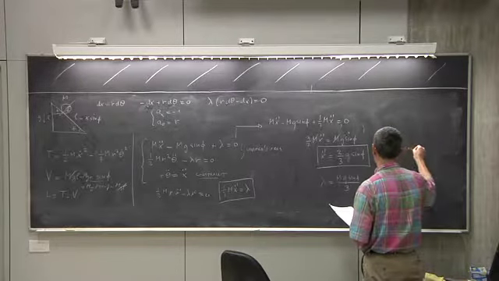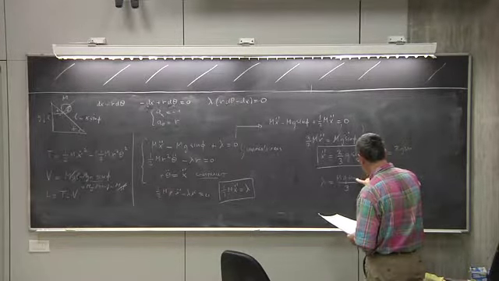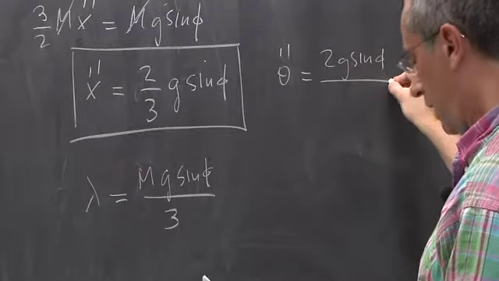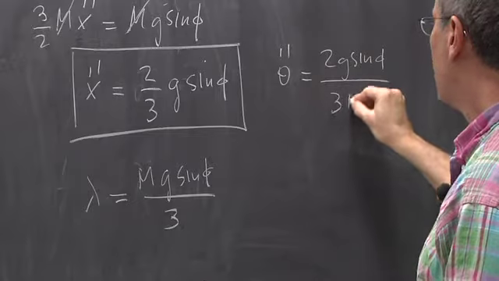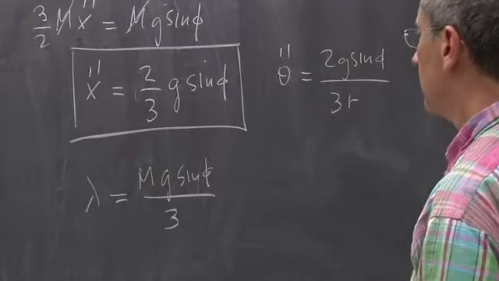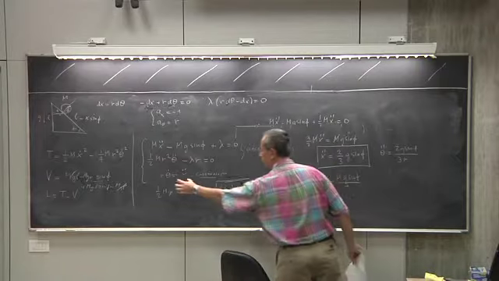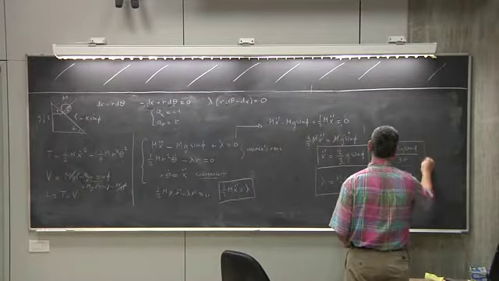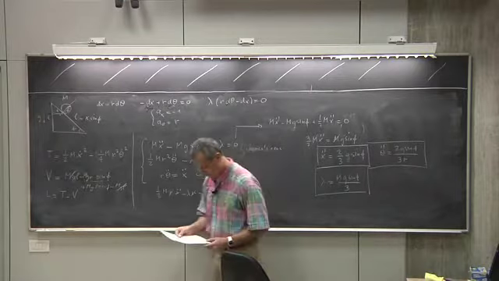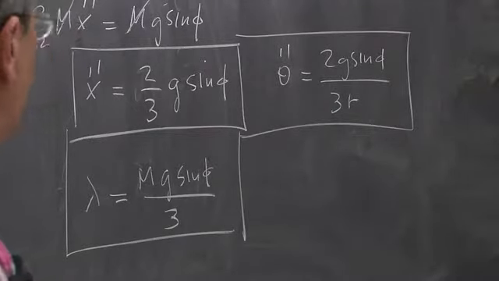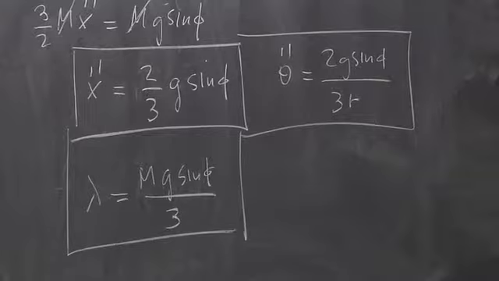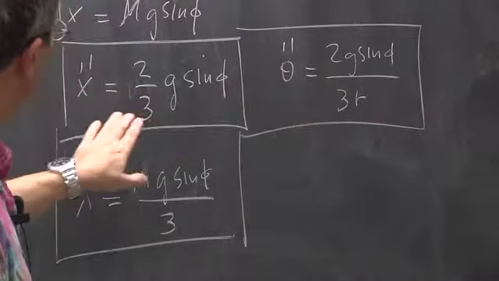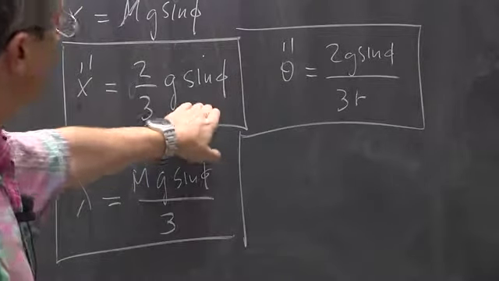2g sine, what did I write here? This is a phi. 2g sine phi over 3r, right? Now this is solved, and these are two very simple differential equations because the acceleration is equal to a constant.